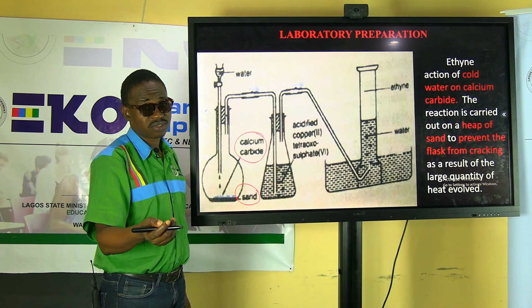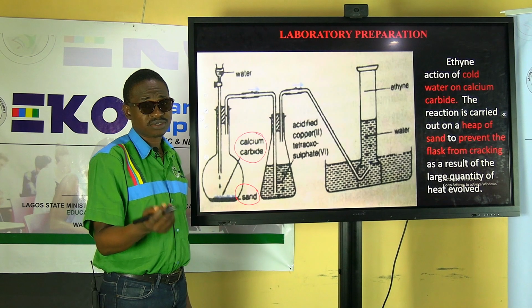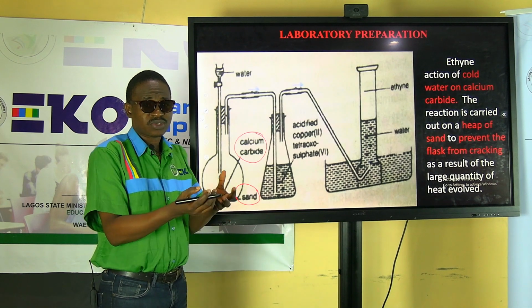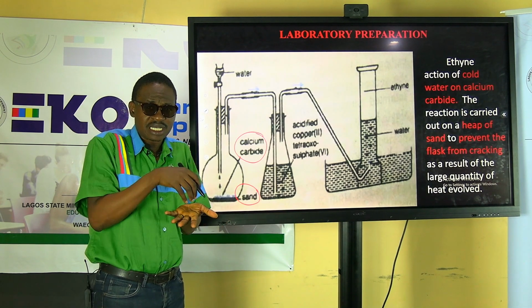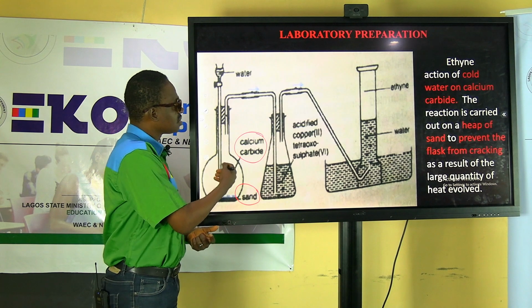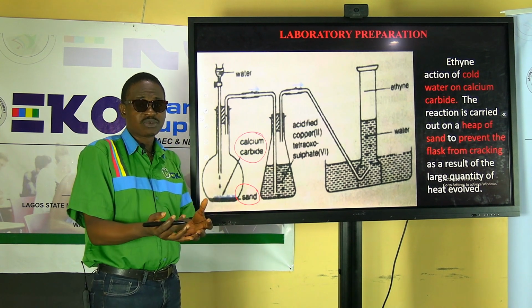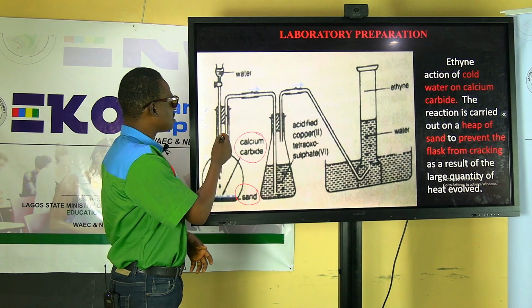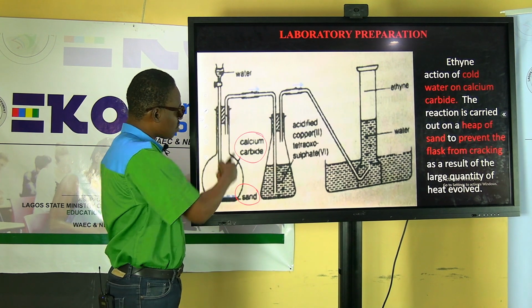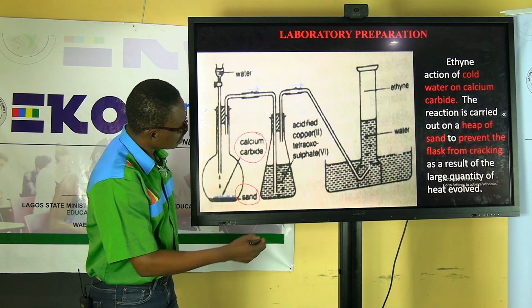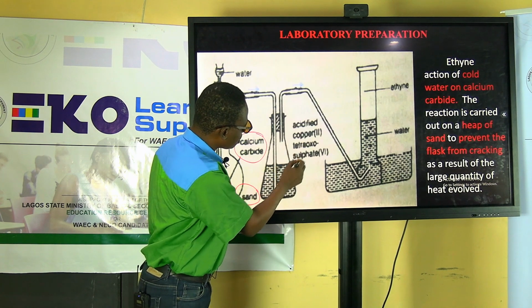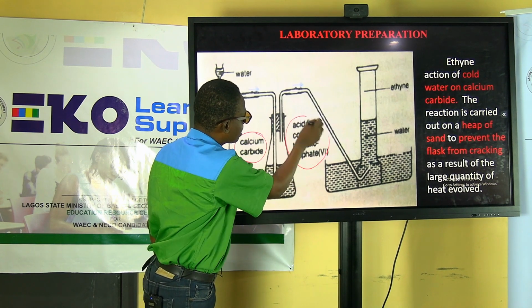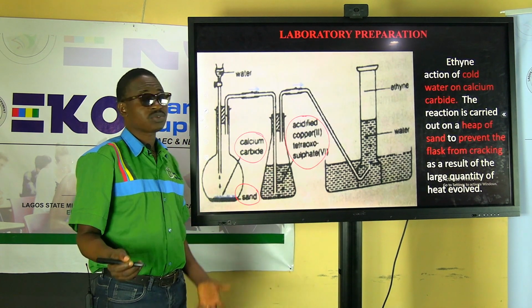Because it requires a lot of heat. So in the process, a lot of heat is generated. In order to absorb the heat, we have to put the sand inside the flask. What the sand will be doing is to absorb the heat by not allowing the flask to break. So as the water is introduced, it goes down to this particular conical flask that contains concentrated H2SO4.